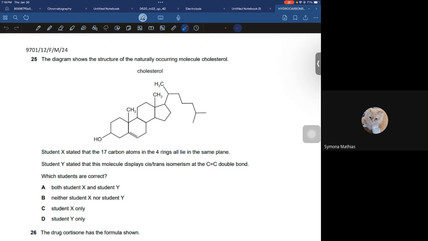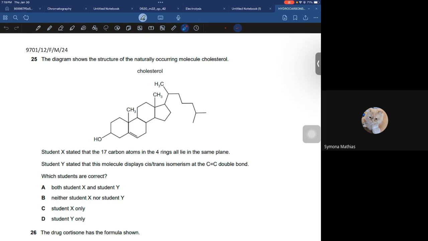Can you tell me whether student X is correct or not? What do you think? What does student X mean by same plane? It is related to geometry.